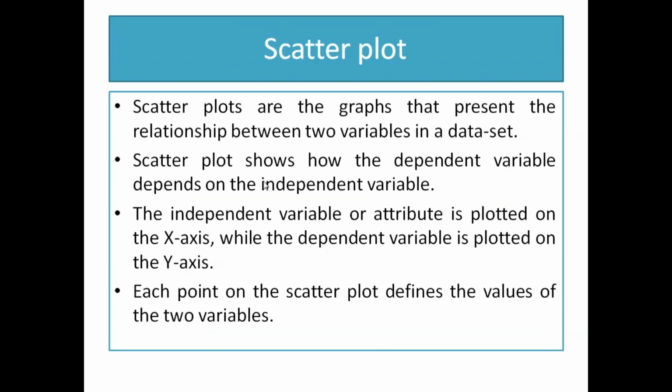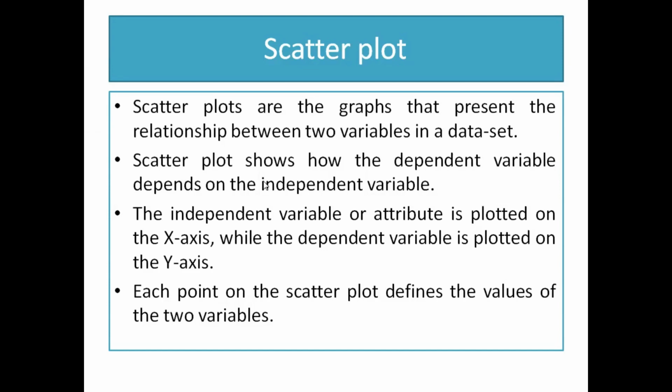Now scatter plot. Scatter plots are the graphs that present the relationship between two variables in a data set. That means the scatter plot shows how the dependent variable depends on the independent variable. The independent variable is plotted on the x-axis while the dependent variable is plotted on the y-axis.